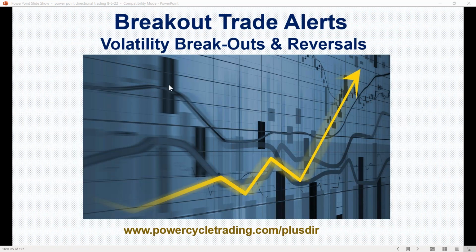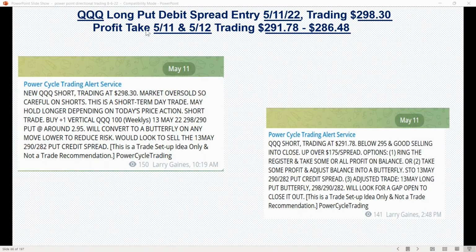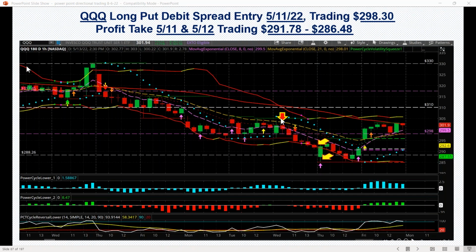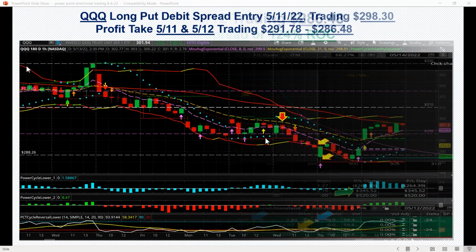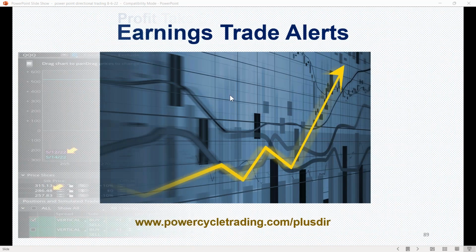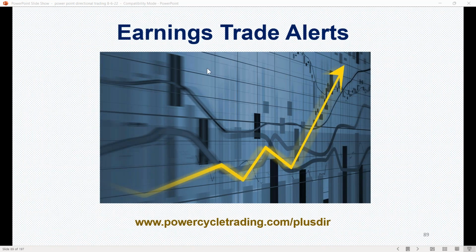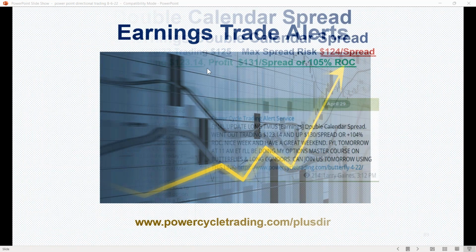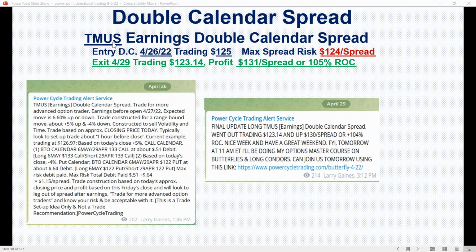And then here's an example of a breakout trade. Here's an example of a put debit spread that we did on QQQ. So it's breaking down here. So did this with a breakout trade of put debit spread. So ended up making 346, 124% return on that. And here's an example of an earnings trade. This is what we call a double calendar. This was on T-Mobile.